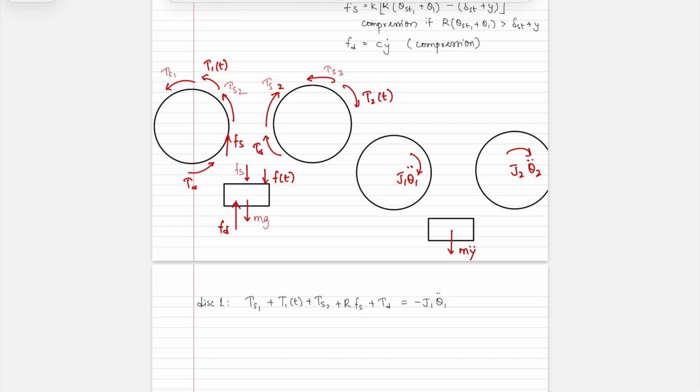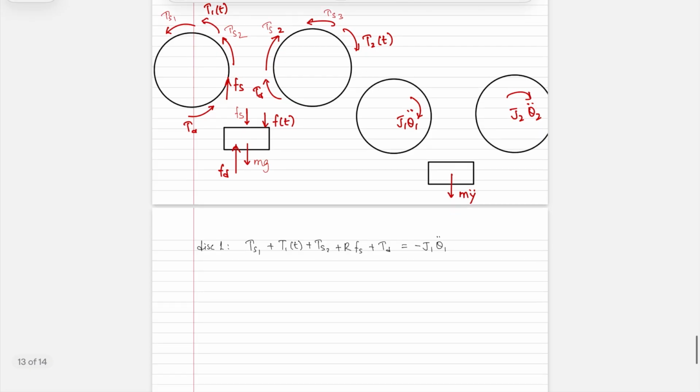Sorry. If you now substitute the values, I'm going to write the whole thing down.